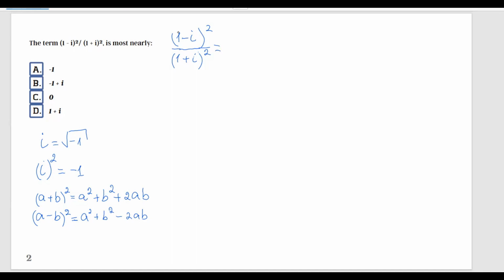We have a difference here, so it's going to be 1 squared plus the second member squared, which means i², and then minus 2 multiplied by the product of these two components, so 2 multiplied by 1 multiplied by i.